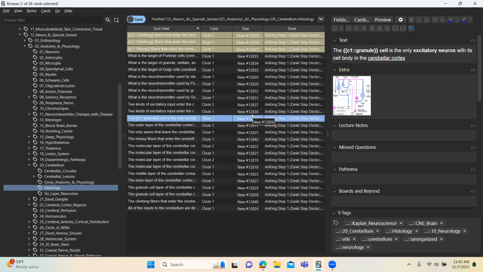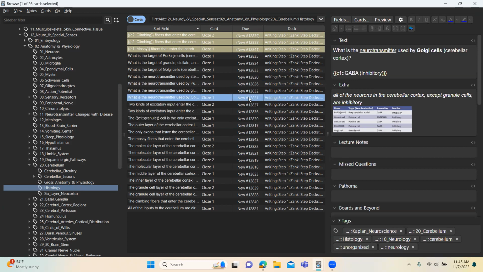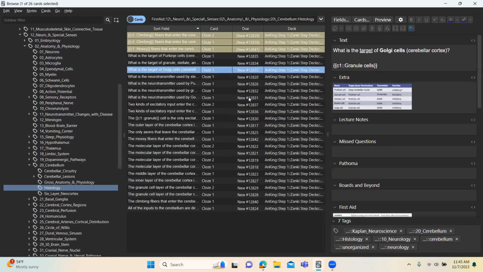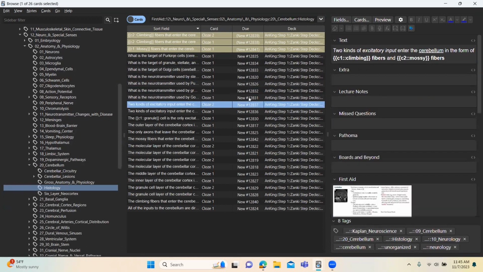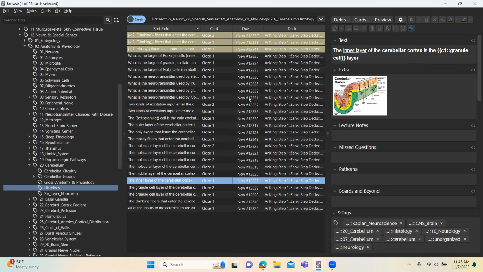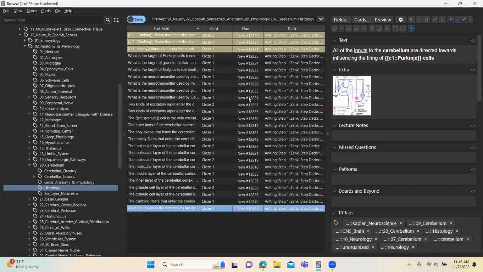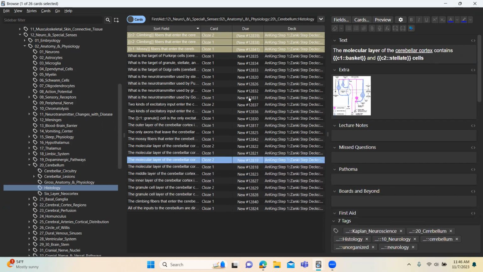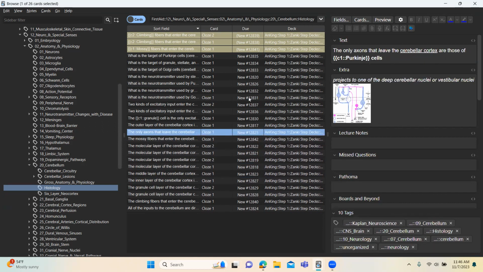It involves some neurotransmitters, and some of these cards focus on Golgi cells and granule cells, and there's another one too, like mossy cells, and some of the not so pertinent nerves in those regions, but they were still mentioned in a slide, so I activated them.